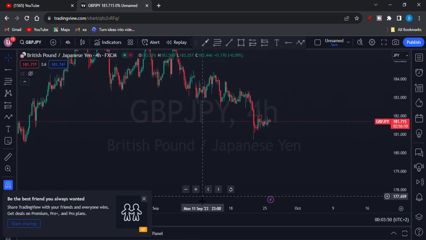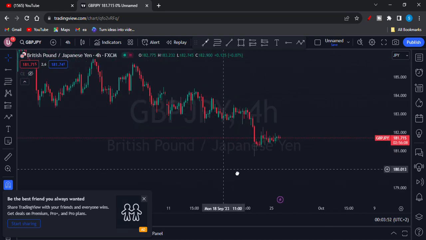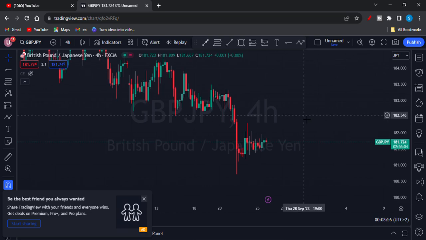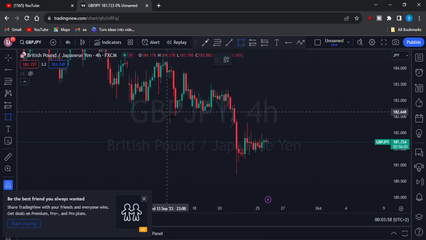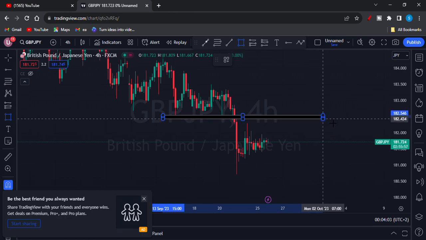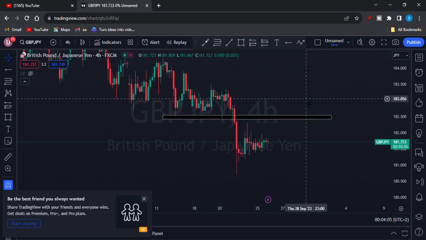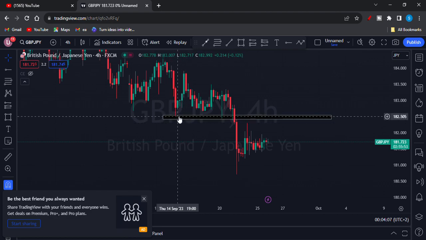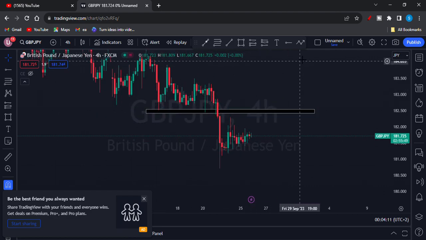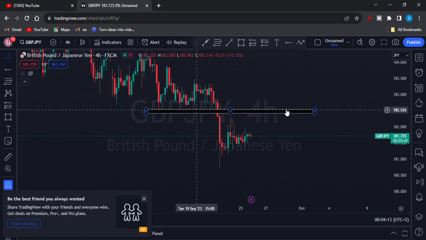Let me just plot again. Okay, I think that's fine. So on a 4-hour, we have this zone right there, which is being our resistance area, and then not resistance, support area.